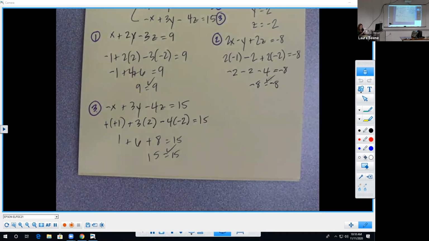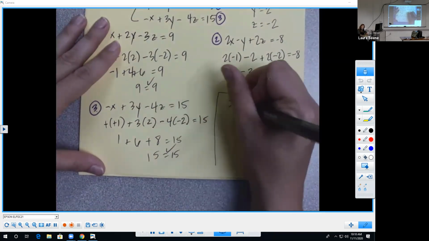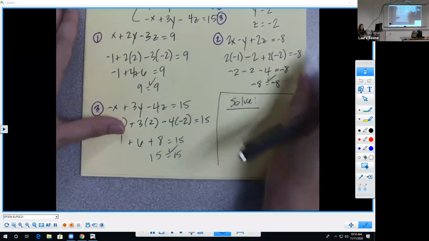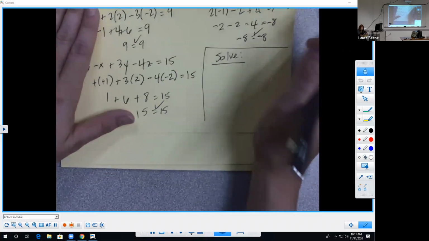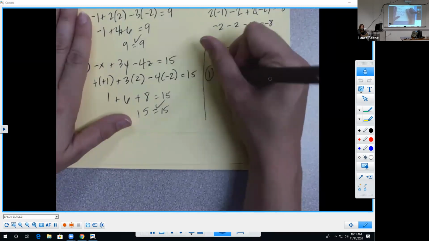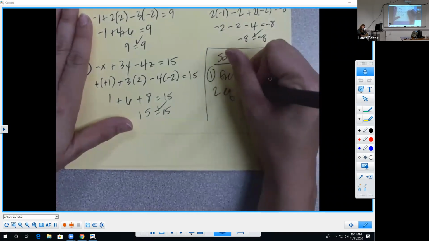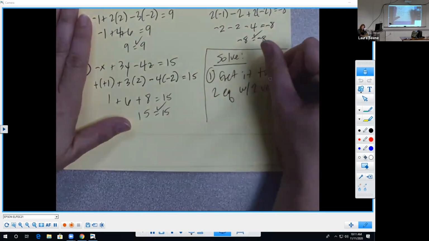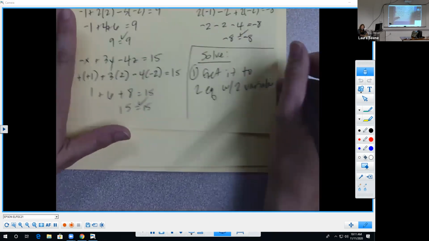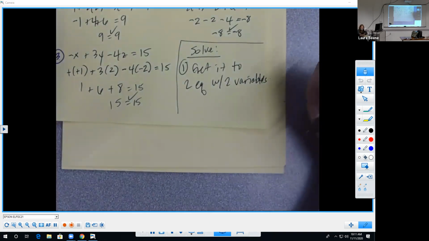Okay, so let's get started solving. The way that we solve systems with 3 equations, the goal, your first step for every problem, is to get it to 2 equations with 2 variables. If you can get it to 2 equations with 2 variables, then you can just solve it like you did last time.